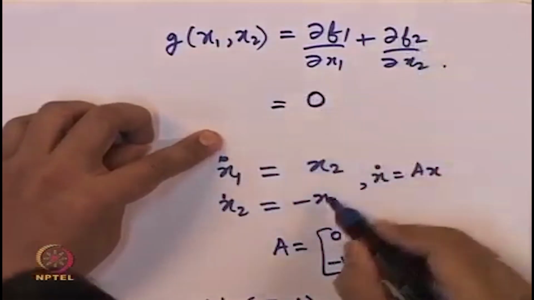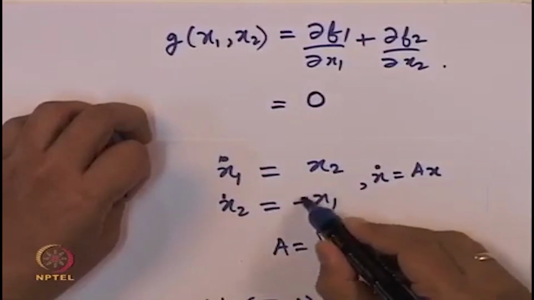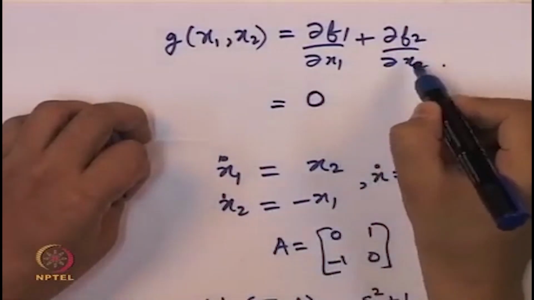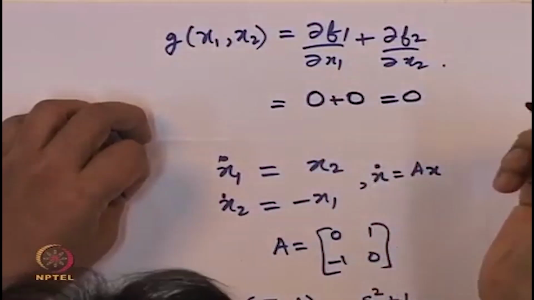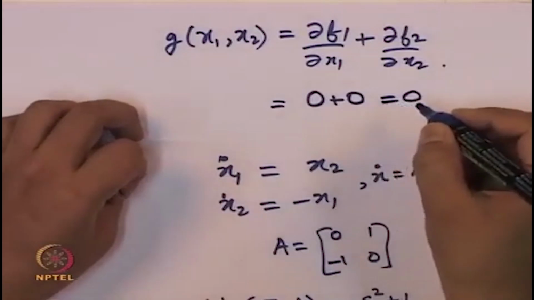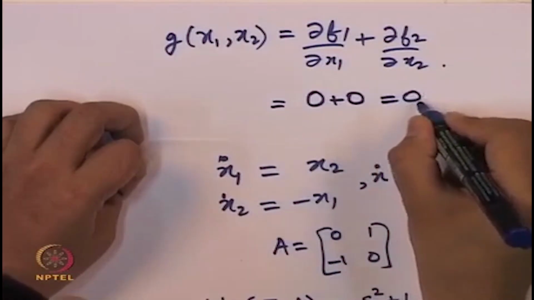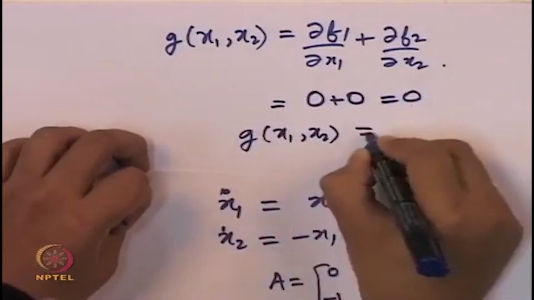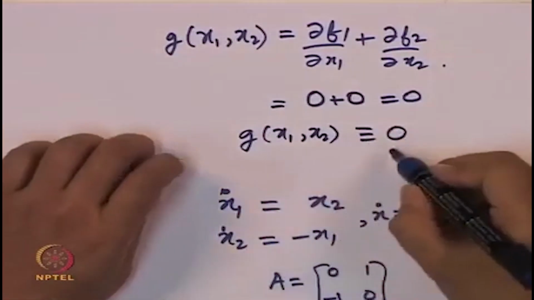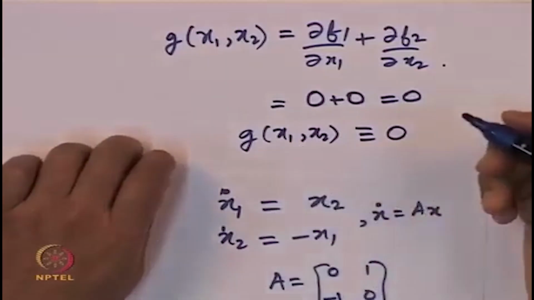X2 does not even appear in F2, only X1 appears, so the derivative of F2 with respect to X2 is also 0. No matter which simply connected region you take, G of X1, X2 is identically equal to 0, without even having to specify at which point X1, X2 we are checking this.